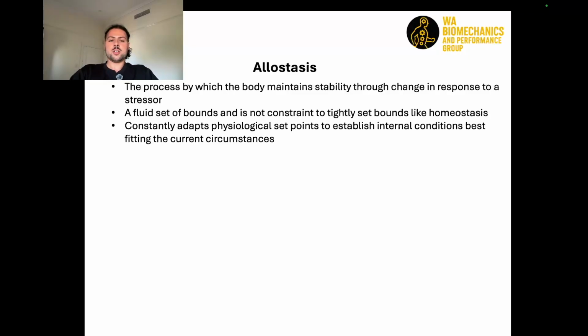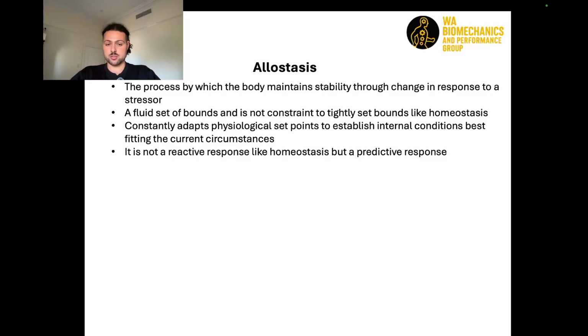The body's constantly adapting physiological set points to establish internal conditions best fitting the current circumstances. It's not a reactive response like homeostasis. It's constantly trying to predict what conditions will best suit the organism. So homeostasis will react to bring you back in, but allostasis will shift. It will shift to try and get you into the best situation possible.